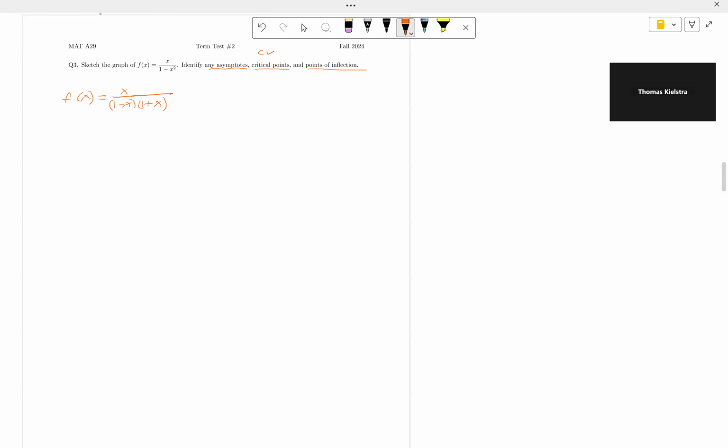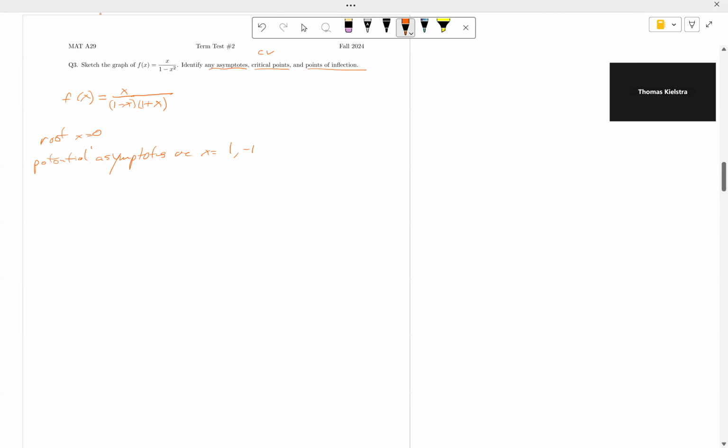The root of the numerator is x equals 0, and the potential asymptotes are x equals 1 and minus 1.